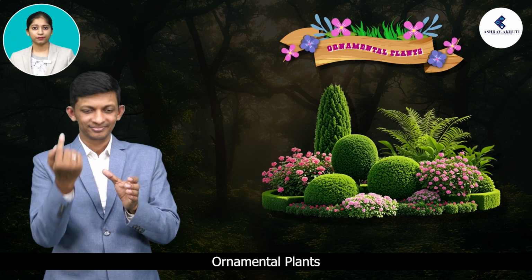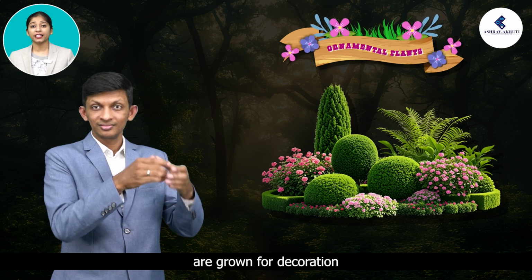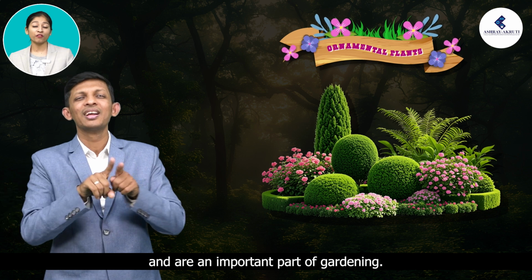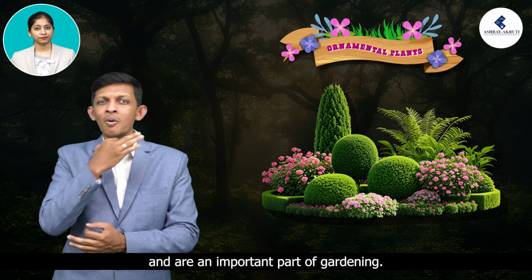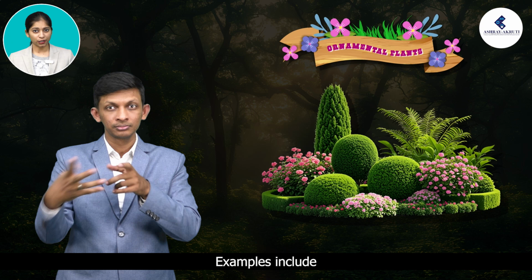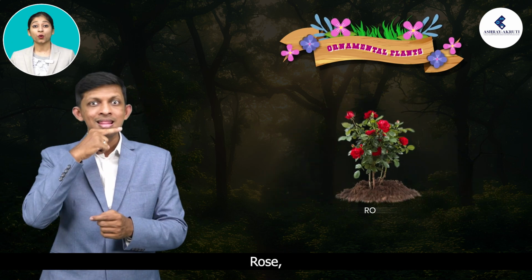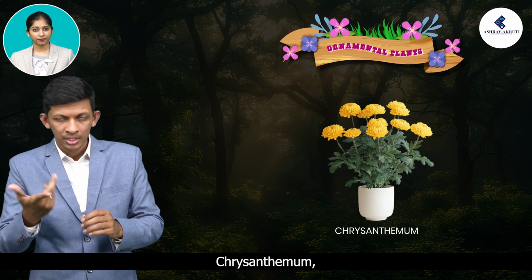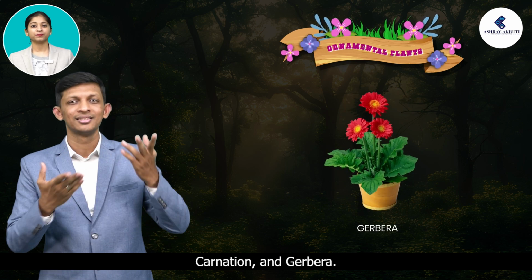Ornamental plants. Ornamental plants are grown for decoration and beauty and are an important part of gardening. Examples include jasmine, rose, chrysanthemum, carnation, and gerbera.